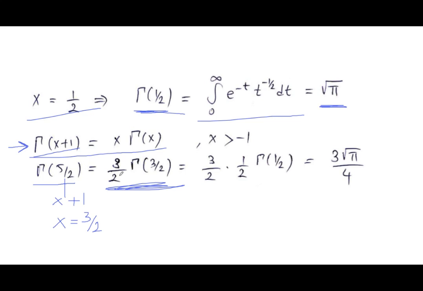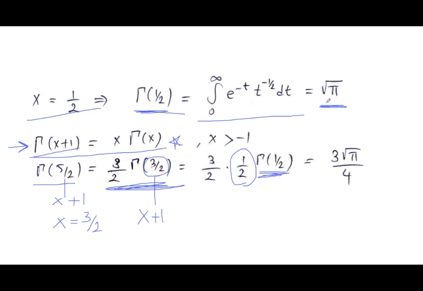But you can also repeat this, again going by subtracting each time the integer 1, and you can consider now this is your x plus 1, just in order to use this property star. Now, if this is my x plus 1, basically my x is 1/2, so I can write this as 1/2 times gamma of 1/2. So it brings us all the way to the gamma of 1/2.